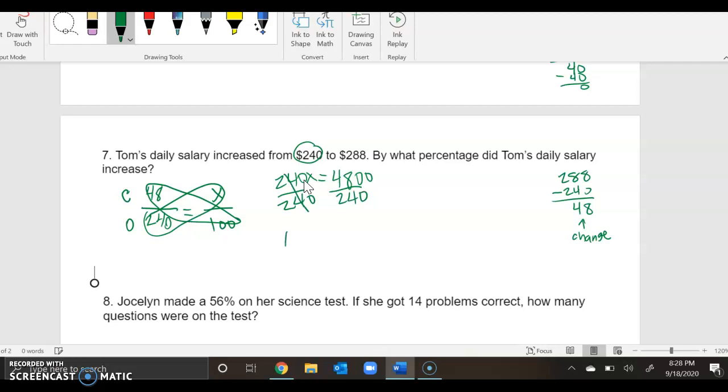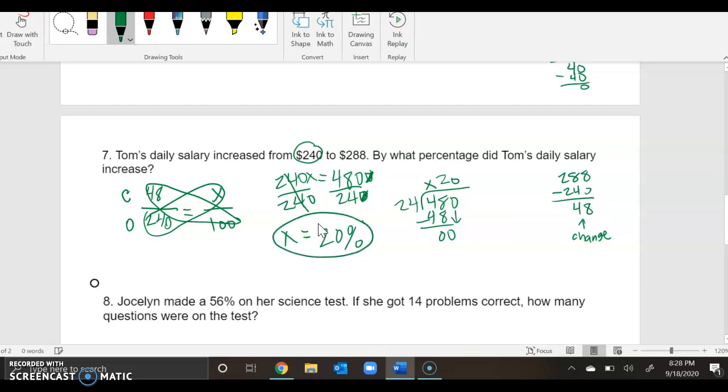These will cancel, leaving us with X. We can take away a 0 from the top and the bottom, but we still have to do 480 divided by 24. 24 does not go into 4, but it will go into 48 2 times. That gives us 48. Subtract, bring a 0 down, bring a 0 back up. So Tom's salary increased by 20%.